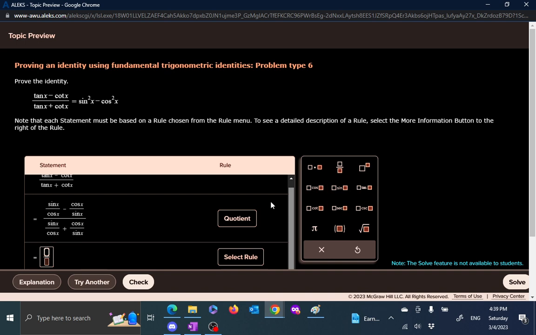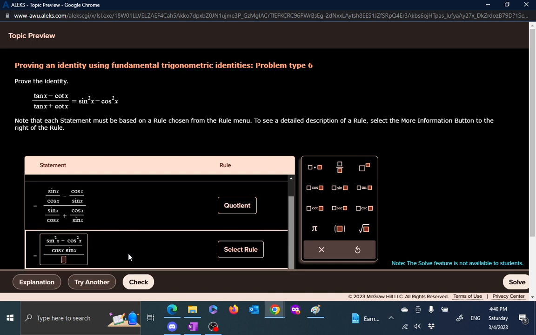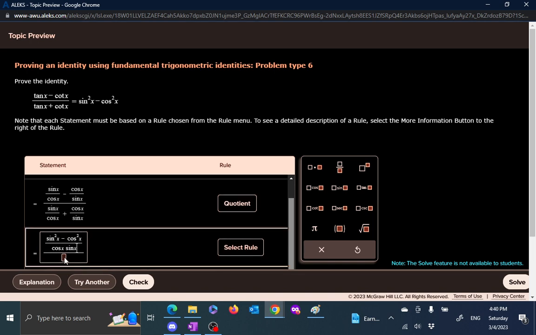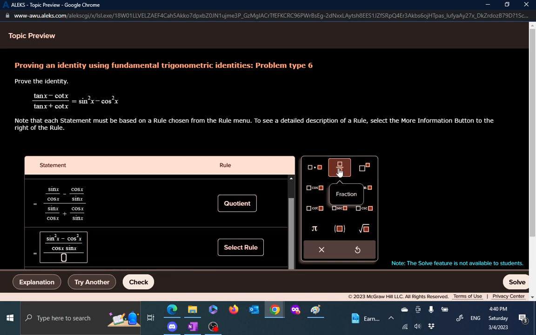In that fraction, I'll make another fraction, and the numerator I'll have sine square of x, and then minus cosine square of x. In the denominator, I had cosine of x times sine of x. Is that right? Do the same thing in the denominator, except that it's going to be adding.